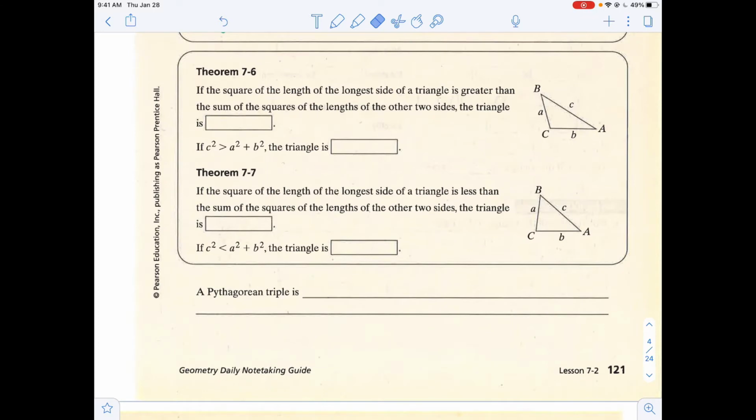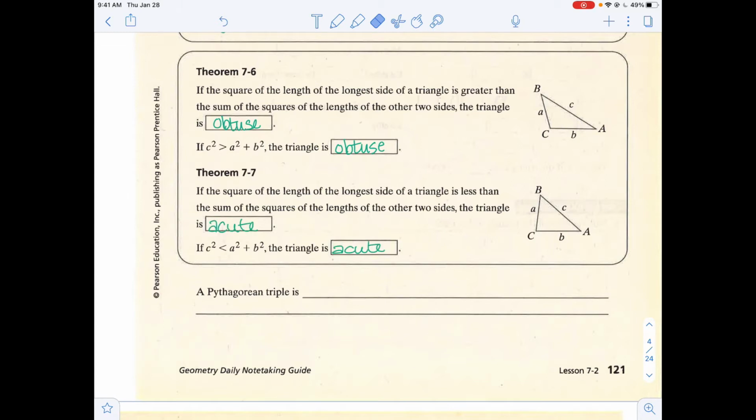Okay, Theorem 7.6. If the square of the length of the longest side is greater than the sum of the squares of the lengths of the other two sides, the triangle is obtuse. That makes the angle across from it the largest.